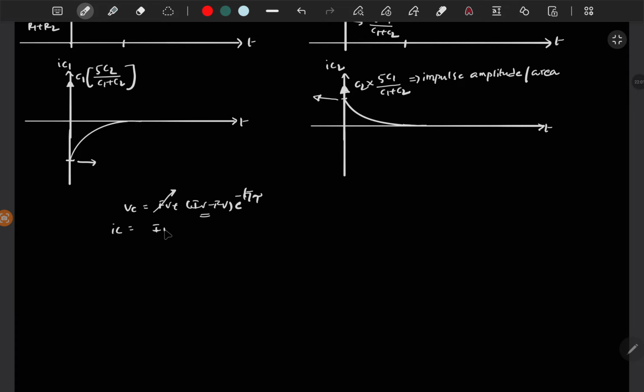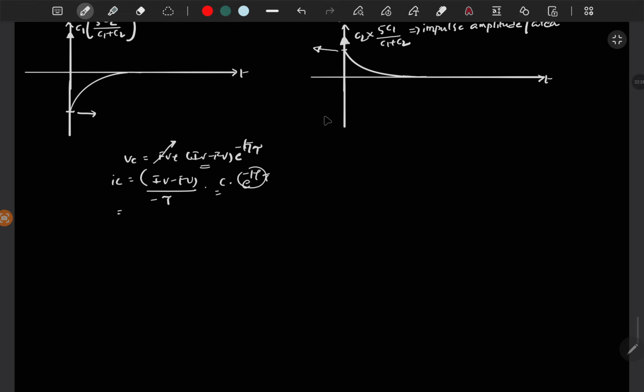Then the remaining is initial value minus final value by minus tau, times C, the capacitance, because IC is equal to C into dV by dt. So I'm just trying to find the initial magnitude of this current. If you put t equal to 0, you will get C into initial value minus final value by minus time constant.